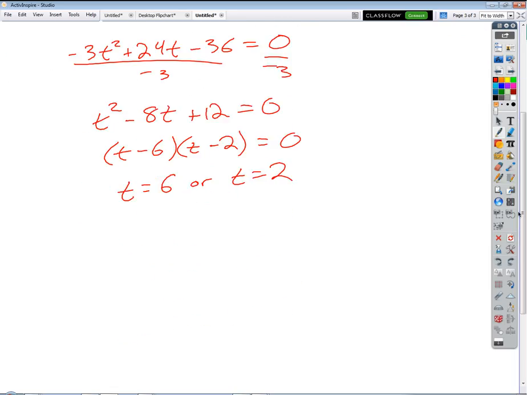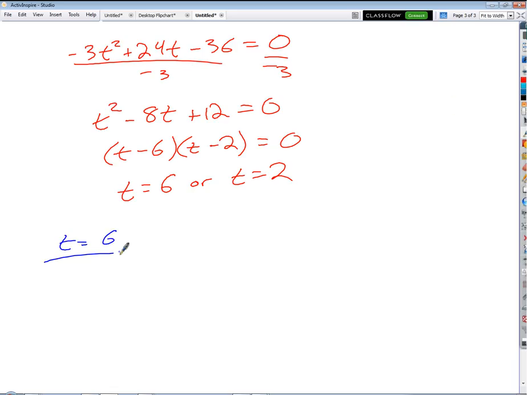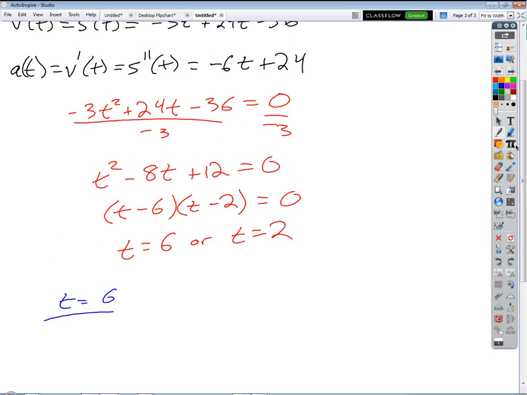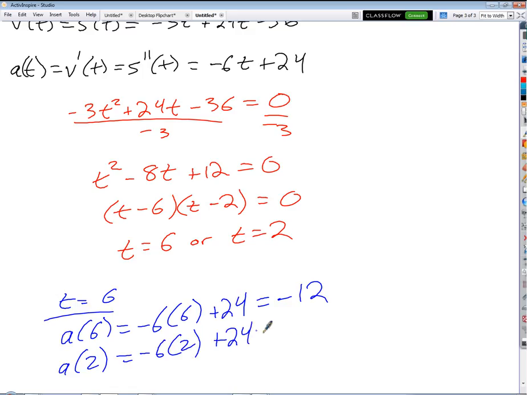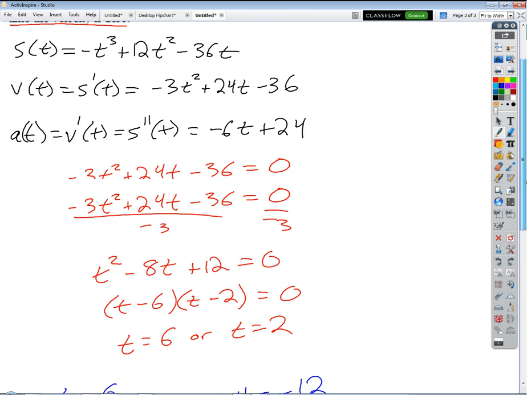So we take both of those instances and plug them into our acceleration. a of 6 is negative 6 times 6 plus 24, which is negative 36 plus 24, which is negative 12. a of 2 is negative 6 times 2 plus 24, which is positive 12. So those are my answers.